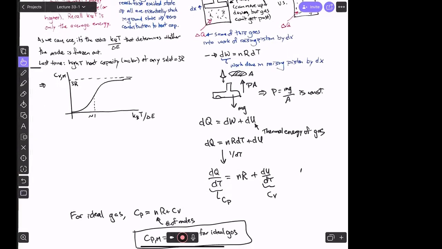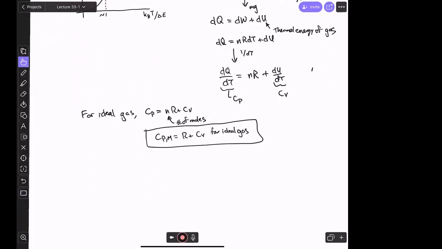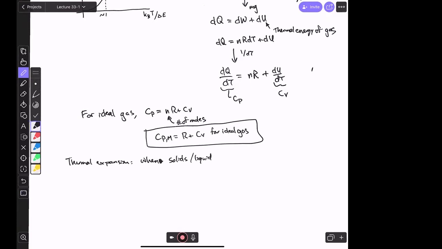Okay, so now I'm going to ask you a concept test to see how well this stuff has registered. But last time we talked briefly about thermal expansion, so I just want to hit that a little bit more before I ask this concept test. When solids and liquids are heated, they expand, but not very much, not as much as gases, but only slightly.